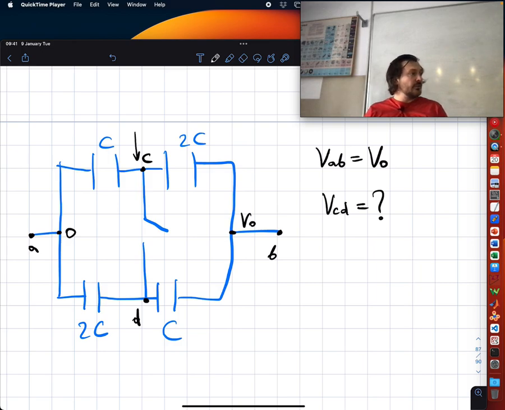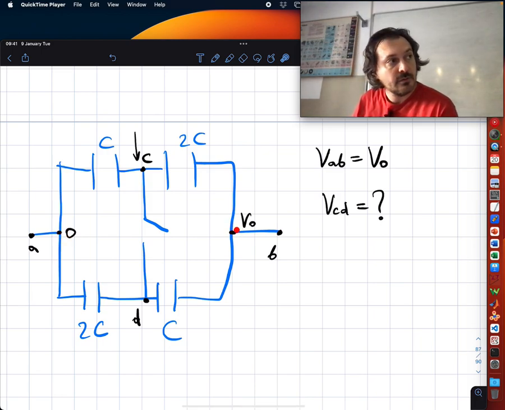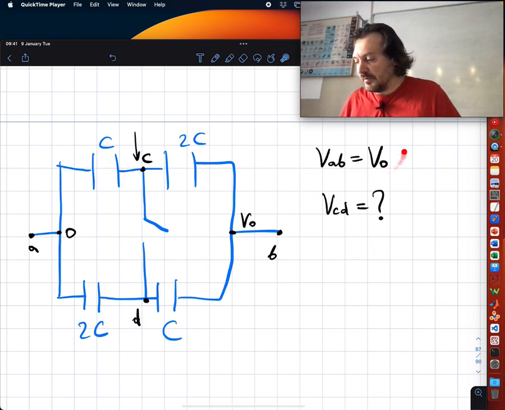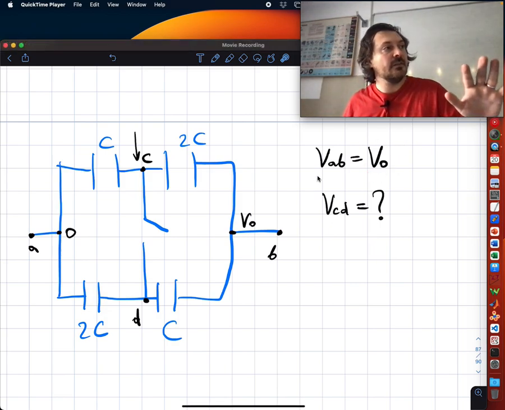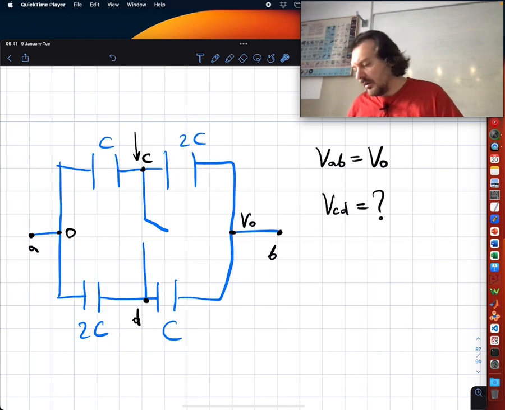I'm telling you that this point, let's call it 0, and this point, let's call it V0. Is that a fair assumption? I can put the potential equal to 0 any place I want, given that I respect the potential differences. So the potential here should be equal to what? Minus V0, because it is VA minus.